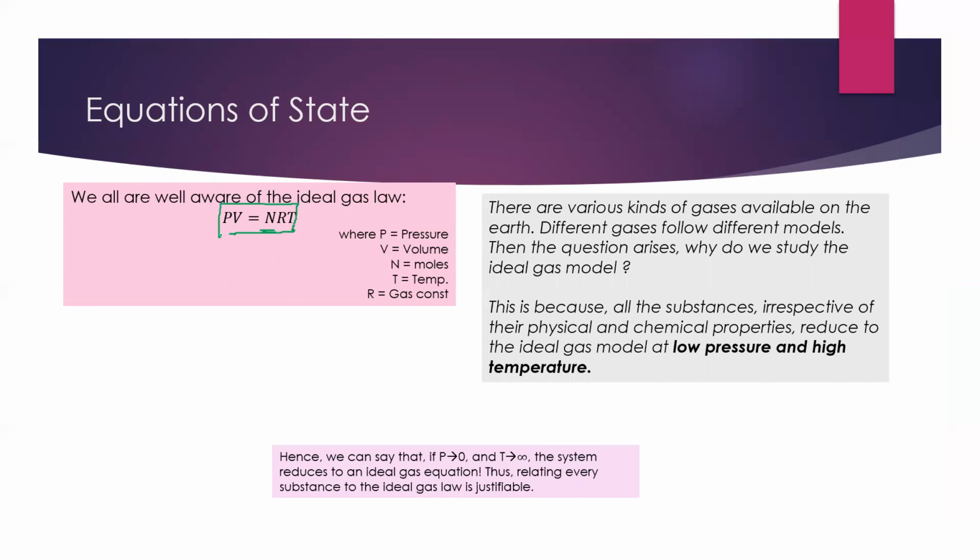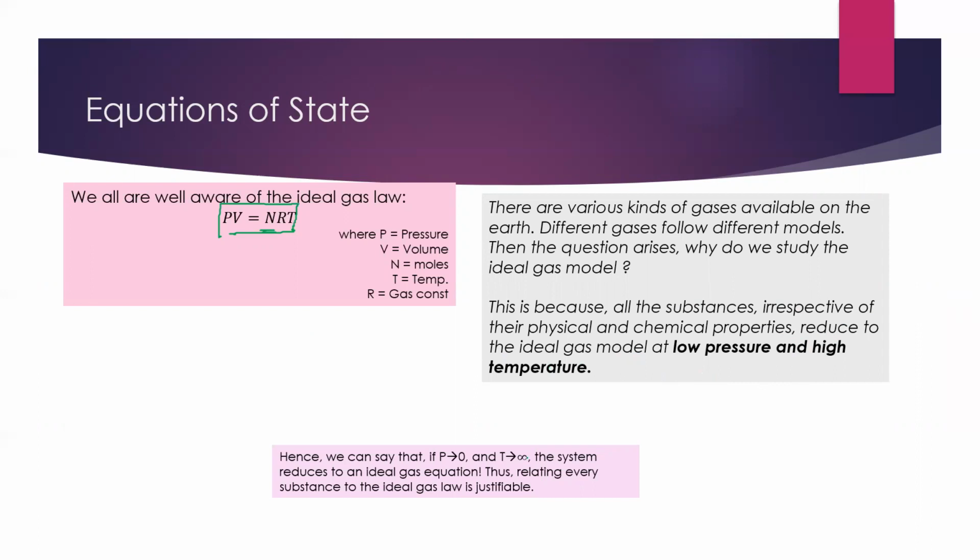And we have already discussed that we study the ideal gas law because even if we talk about real systems, they somewhat come close to ideal systems. The second thing we discussed was that all substances, irrespective of their properties, reduce to the ideal gas model at low pressure and high temperature.